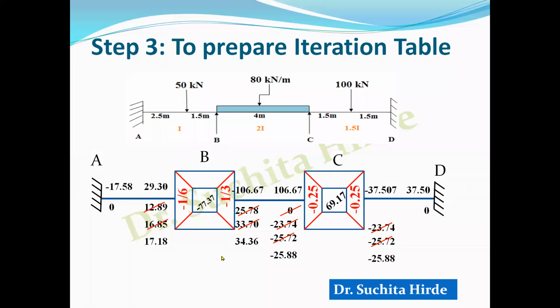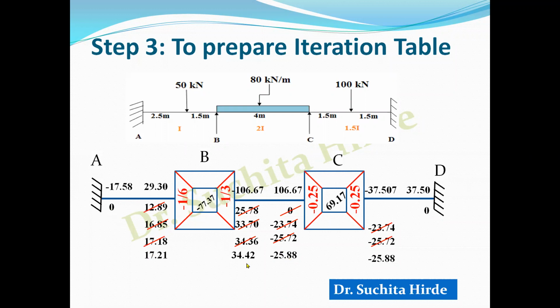Before calculating new values, first cut these values, and then how to calculate in the fourth step? 0, minus 25.88, minus 33, minus 77.37. To this multiply by this right here and multiply by this right here.